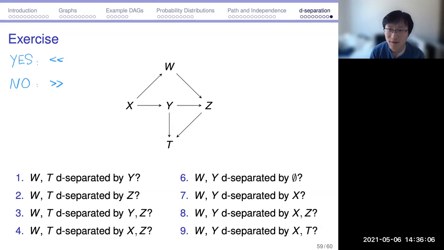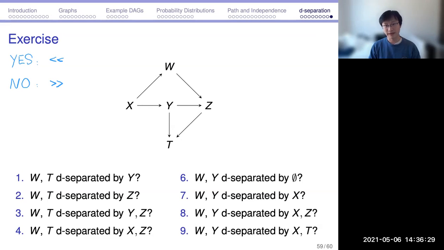Okay. I'm sorry that I'll have to ask you to stop your work for the moment. I realize that this probably is my bad planning. If this is your first time seeing this, maybe it takes a while to work out these problems. So if you haven't finished, that's okay too.